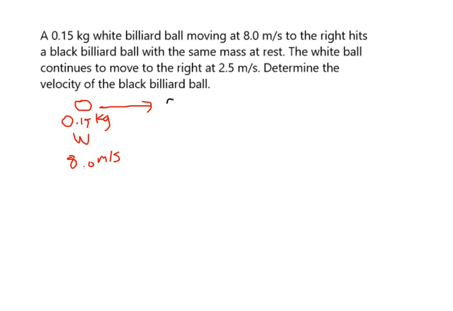It's going to hit the 8 ball, let's say, which was at rest. So it was not traveling. It is black, and it has the same mass of 0.15 kilograms. That's our before picture. Can you guys visualize what's happening here?